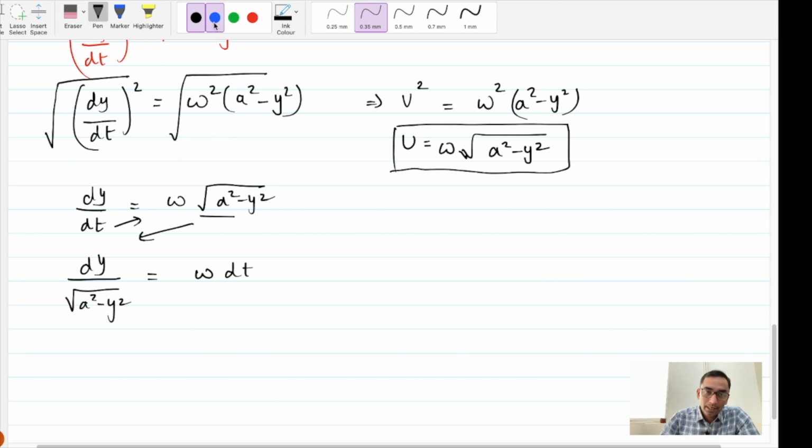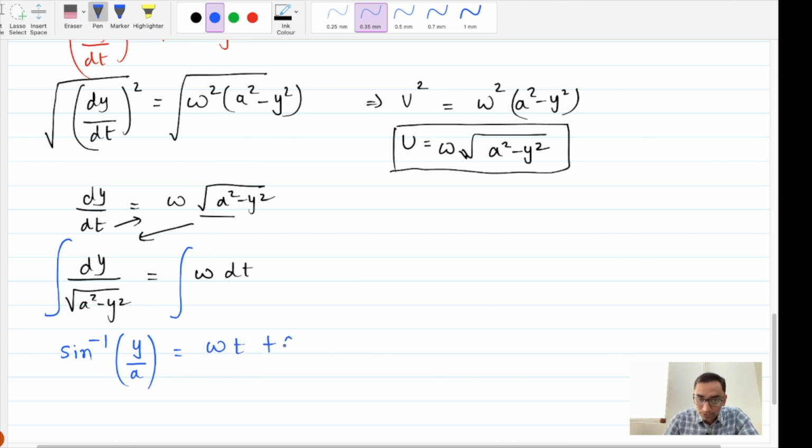All right. Now, I am going to integrate both sides. Integration of this is sine inverse of y by a, that is equal to omega t plus c. Why? Because this omega is constant, so integration of dt is t. I am going to write down some constant c2 because we have not used any limits. This is a direct mathematical property of integration of dy by this.